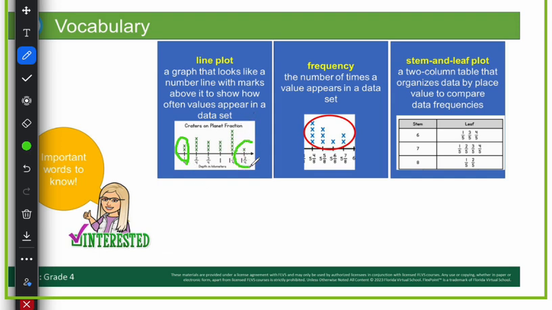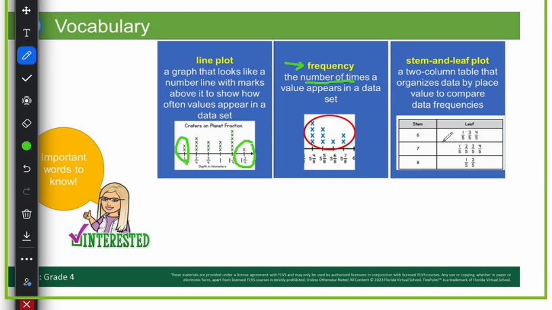I see that there is 1 and 2/4 in my data set. I know a data set is a group of numbers shown. Right over here, the frequency is the number of x's. That tells me how often, or the number of times, a certain value appears in my data set.